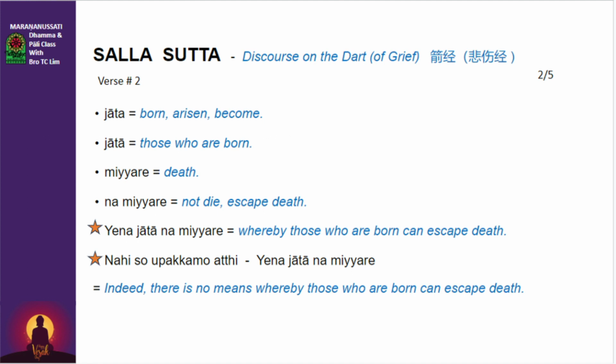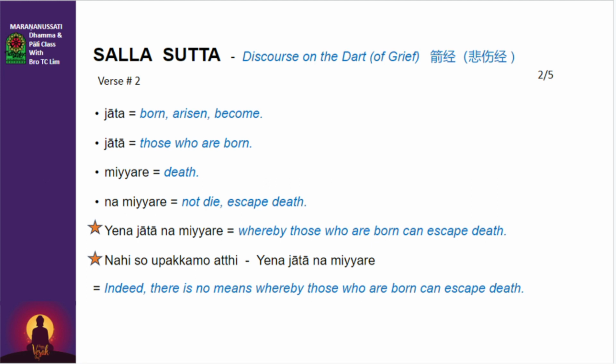So the first half of the verse, nahi so upakamo ati yena jata na miyare: indeed, there is no means whereby those who are born can escape death. So there's no means. Once we are born, we will need to die. Every day we are dying, in fact. Every day we are dying.